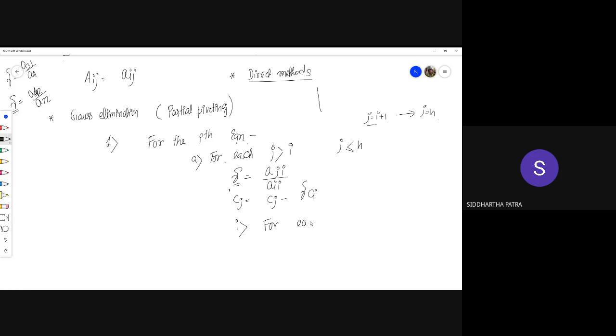For each k in the jth row, k ranges from k equals i to k equals n. So this thing also happens for each i.